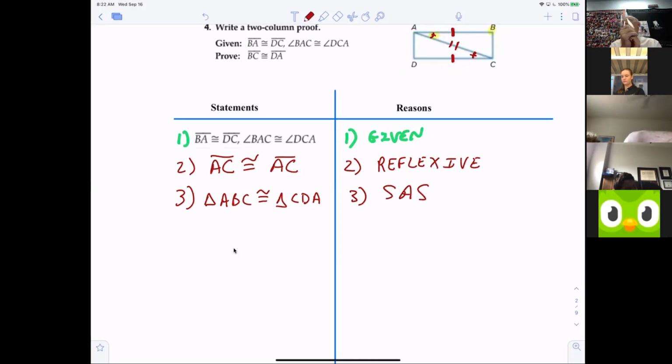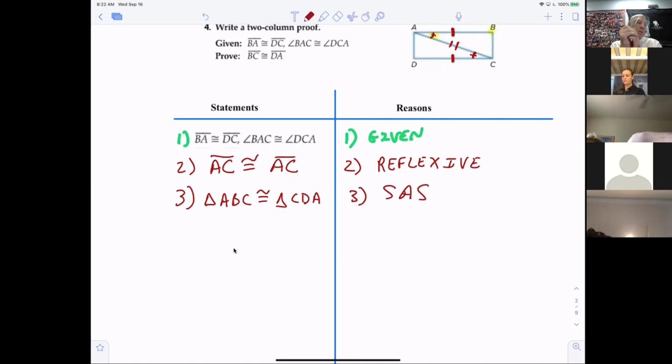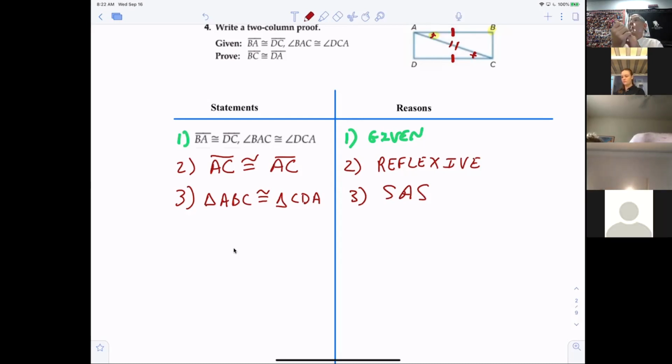Congruent. Sam, what's the matter? Do you not see a side, an angle, and a side congruent to a side, angle, and a side? Well, we haven't. Yes. You see it now, right?